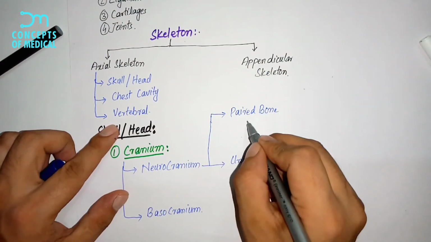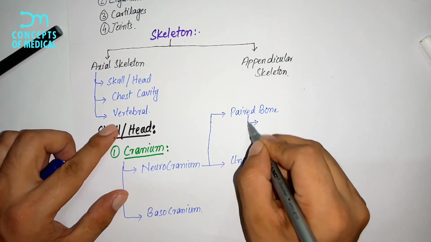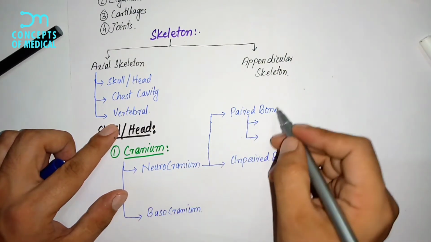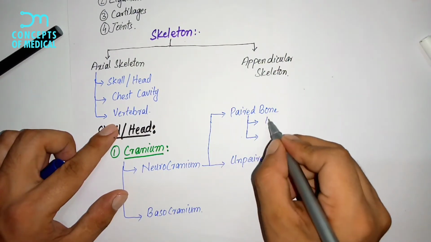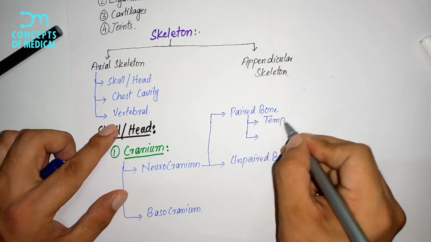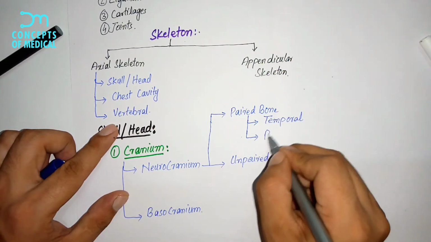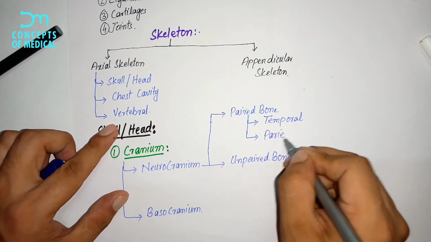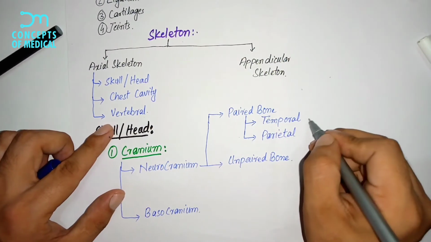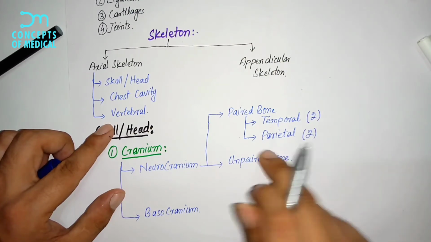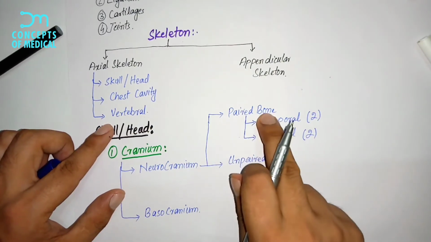In the paired bones of the narrow cranium, the first bone is the temporal bone and the second is the parietal. These are two in number because they are paired bones.